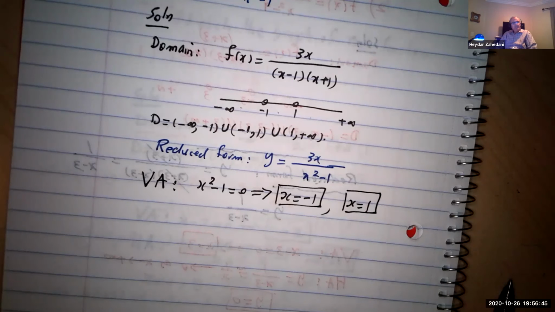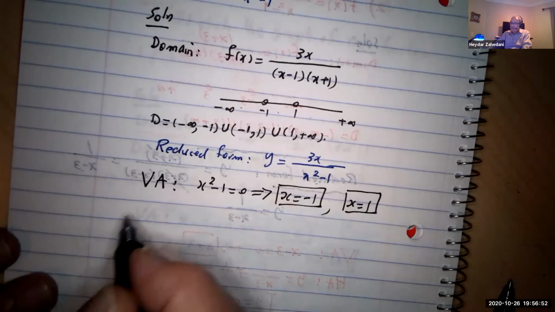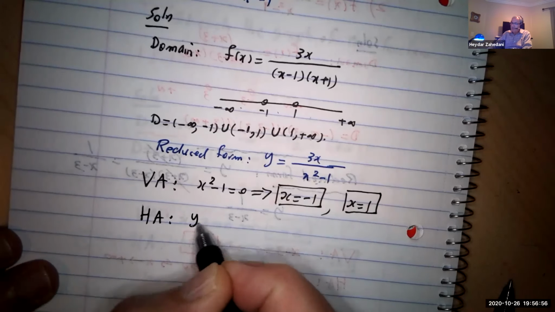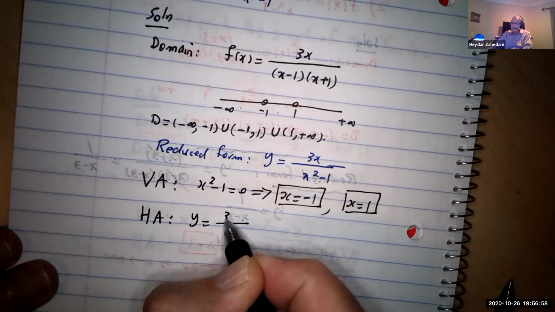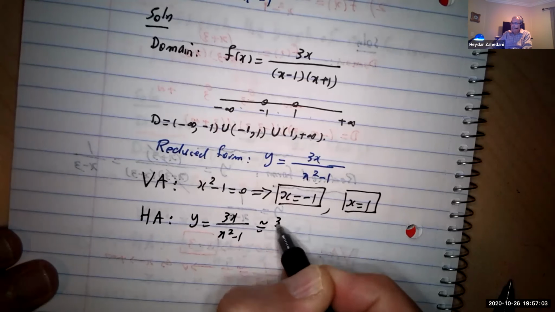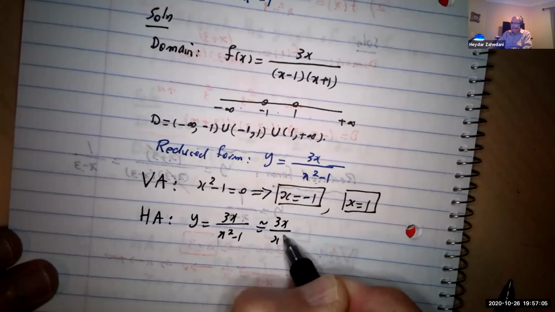We go for the horizontal one, then we have to shrink it. Denominator degree is higher, so it's 0. You can claim the 0 right away, we accept it, or otherwise I'm going to shrink it. So it would be shrinking to 3x over x squared.